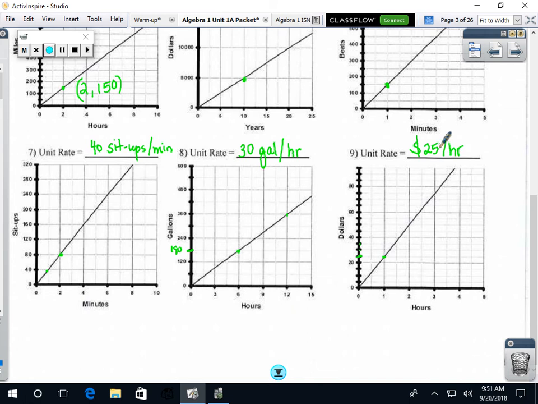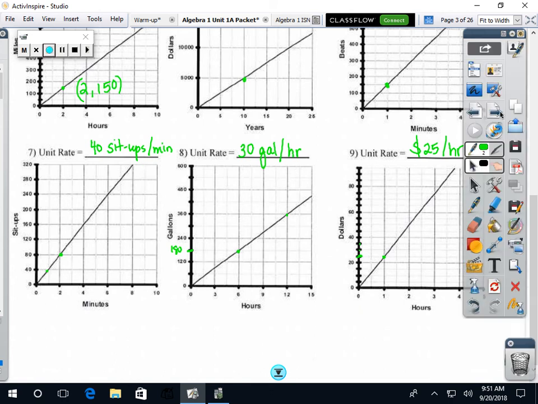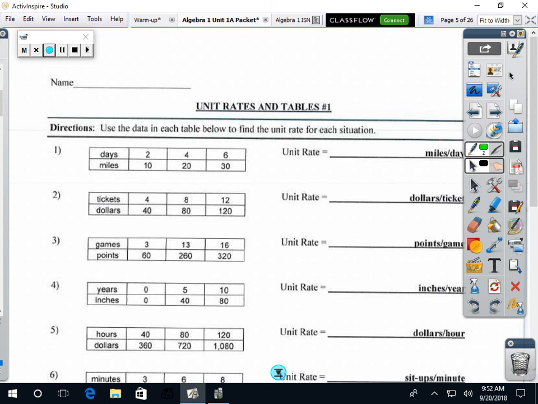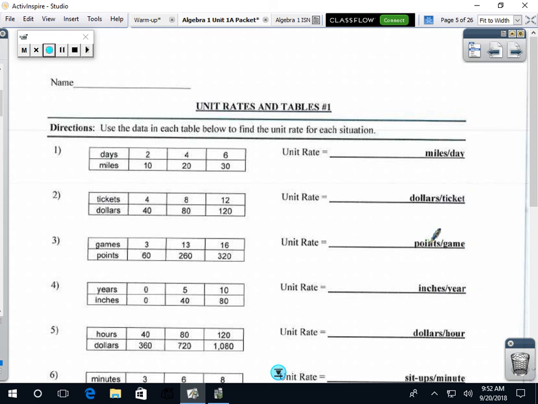Okay, now we're going to skip page 2 and go ahead and look at page 3. All right, number 1, this time we're going to be finding the unit rate from the table. If you look at the table, the first X value has a Y value of 10, and then 4 with 20, 6 with 30.